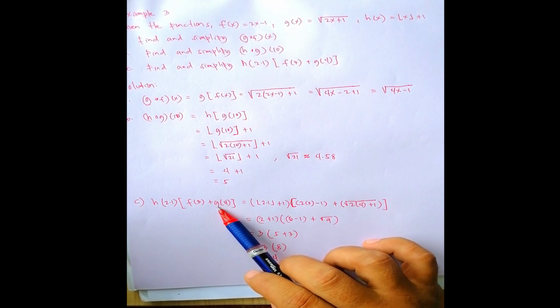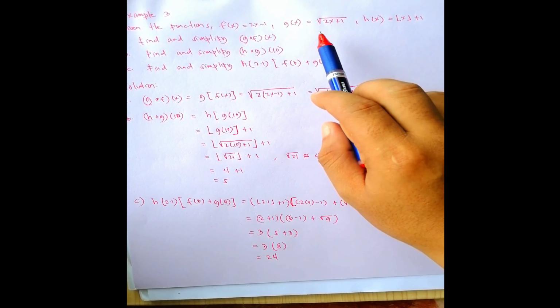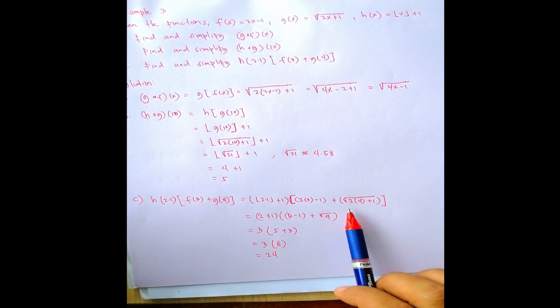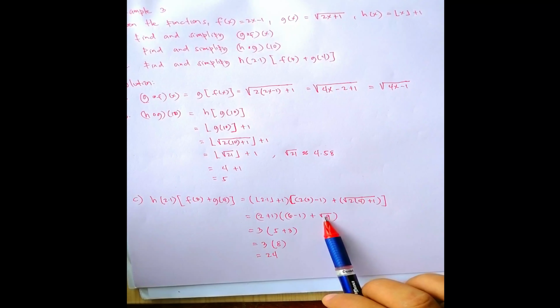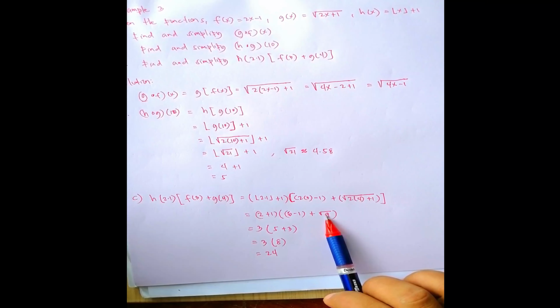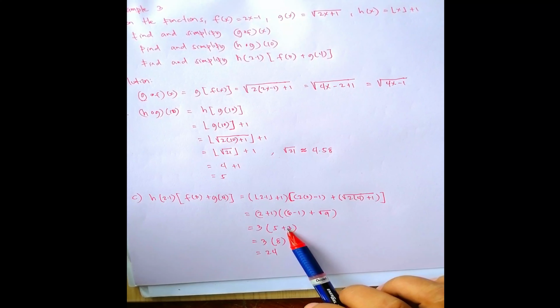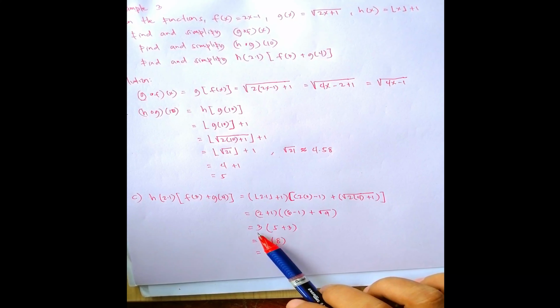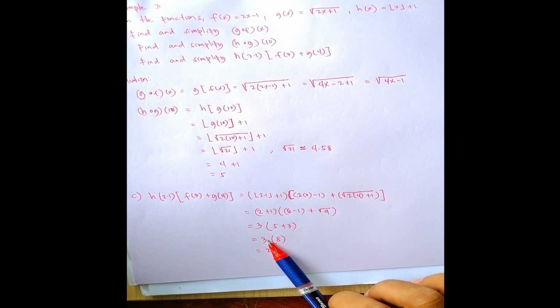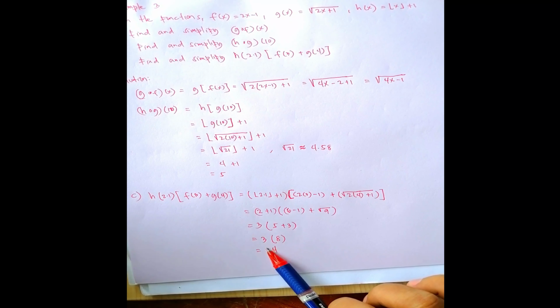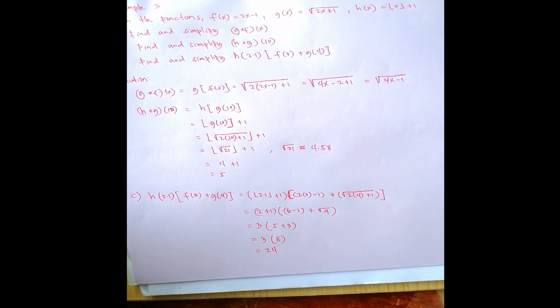Since this is g of 4, papalitan mo ng 4 yung x dyan. So square root of 2 times 4 plus 1 is square root of 9. But square root of 9 is the same as 3. So 3 times 5 plus 3 is 3 times 8. And that's the same as 24.